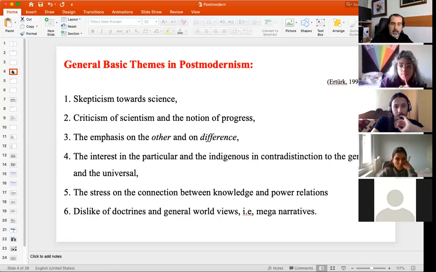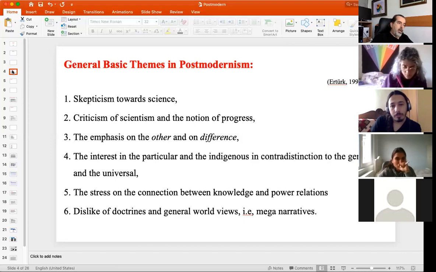And closely linked to this is another one, the interest in the particular and the indigenous in distinction to the general and the universal. So there's no such thing as the human being, for example. There are differences among human beings with respect to culture, with respect to their religious beliefs, etc., etc. These differences are important.